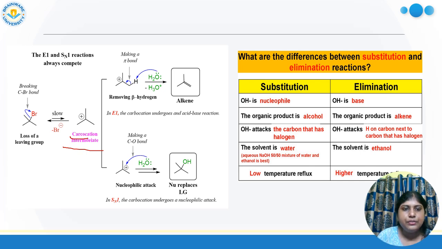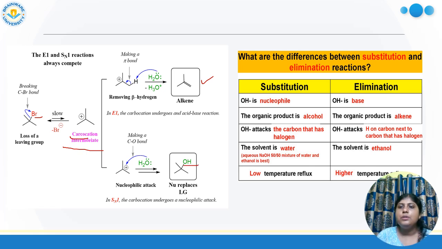Now, after formation of the carbocation, if the beta proton is abstracted by a base and an alkene is formed, then it is known as the elimination product. And if a water molecule attacks this positive center and an OH group is present, an alcohol is produced, then it is known as a substitution reaction. That means bromine is substituted by the OH group.